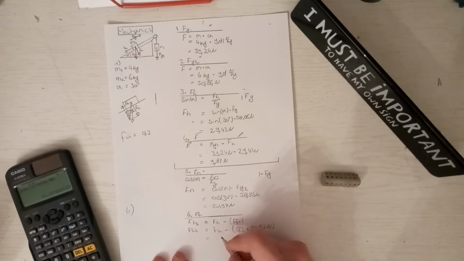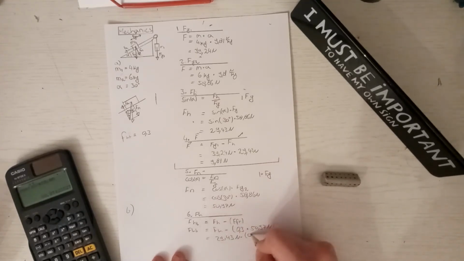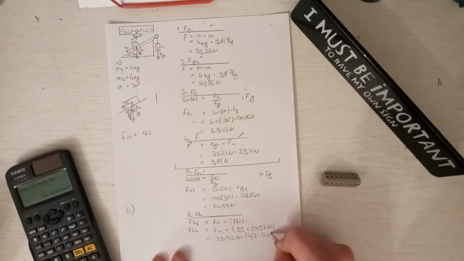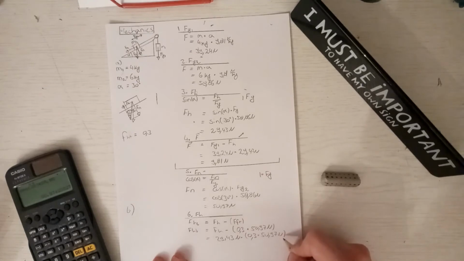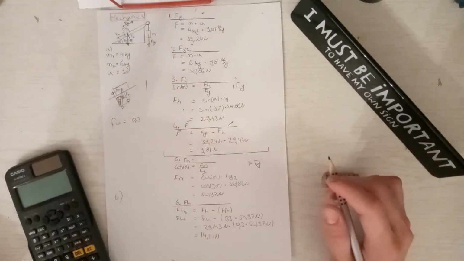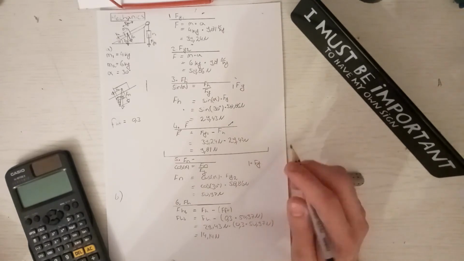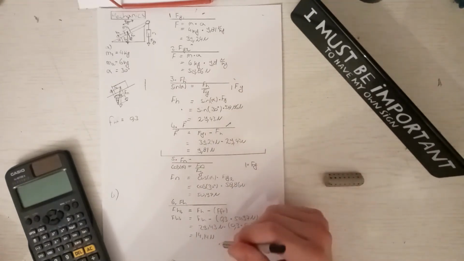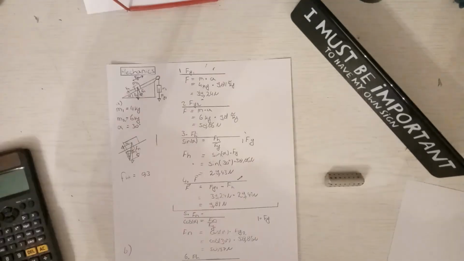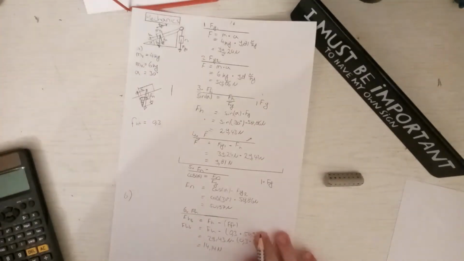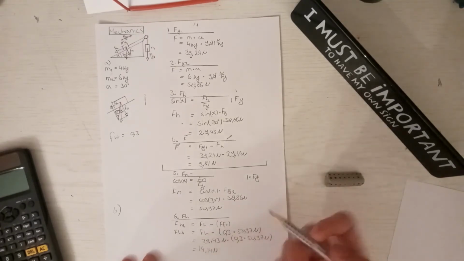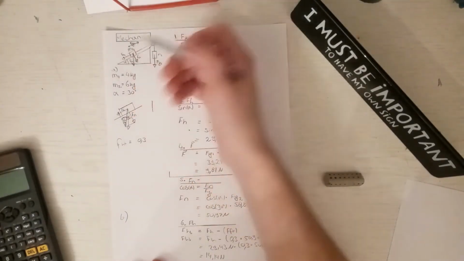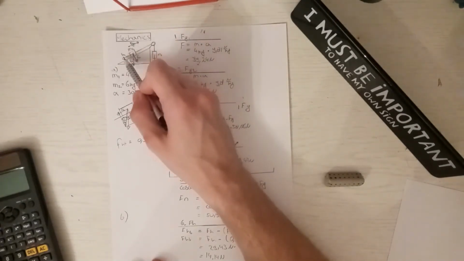And FH was 29.43 newtons minus that value over here, and I'm gonna calculate that real quick off camera. Okay, so after doing the calculation, we end up with 14.14 newtons. That being the force that, or I should better say what's remaining out of this force here.